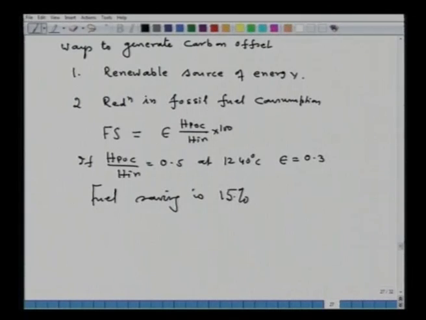And from there, depending upon the data on the available fuel consumption, one can calculate the carbon offset and so on. Now, this whole concept I will be illustrating by solving a problem. Let me illustrate whatever I have said in this lecture through a problem.